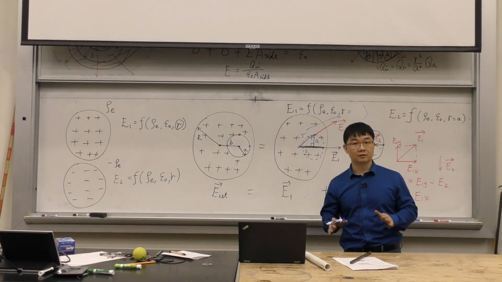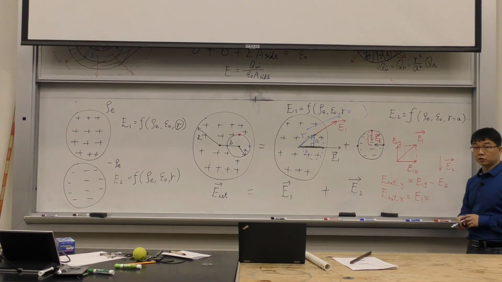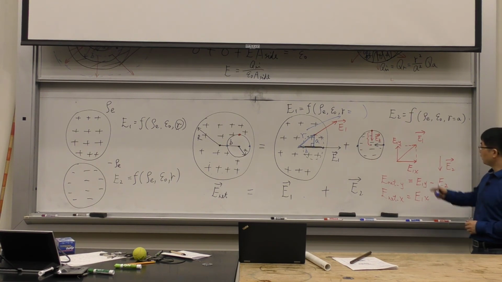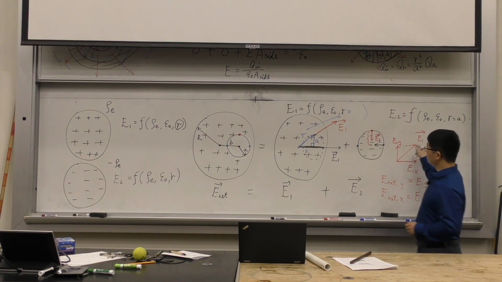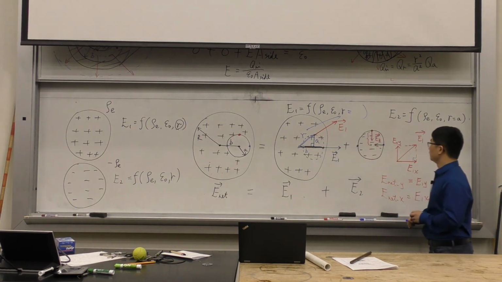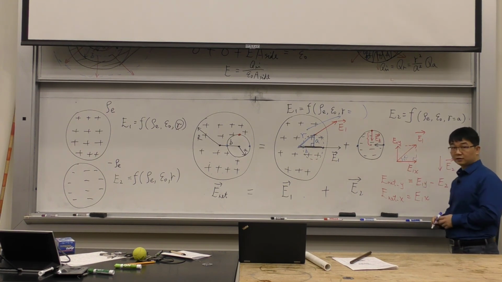But you're not done yet. You still need to find the components of E1x and E1y. How do you find these two components? Well, then you need an angle, right? Because I need an angle so I can do sine or cosine. I know there's a right triangle here. So I just found E1 using this R. So say if I want this angle theta, how do I find this theta angle, right?